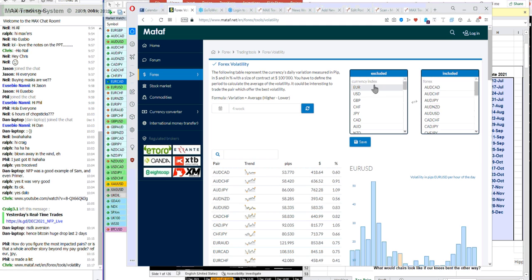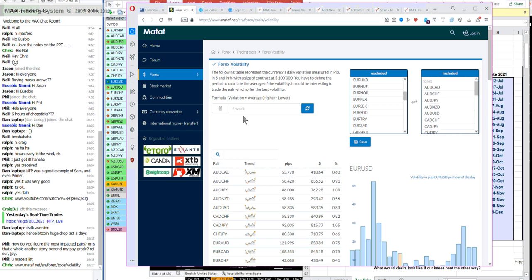What you do is you exclude the pairs that you don't want. So I've gone through and ripped out things like the Euro Singapore dollar and the Euro Turkish lira, stuff like that. And that just leaves me with 28 major pairs that are listed down here. It's quite nice these days, they stay there. I don't have to do it every week.